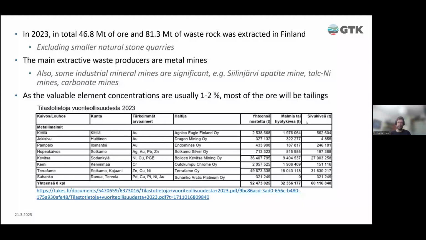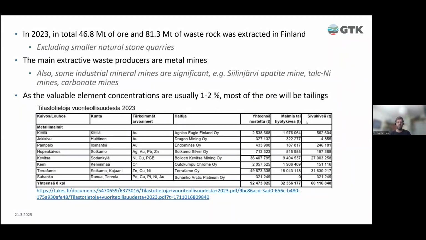And part of the statistics table is there. As you can see, most of the produced ore and waste rock comes from metal mining. I'm sorry, the table is in Finnish, but these are the 8 metal mines that were in operation in 2023. But there are a few other large mines also that produce ore and waste rock.